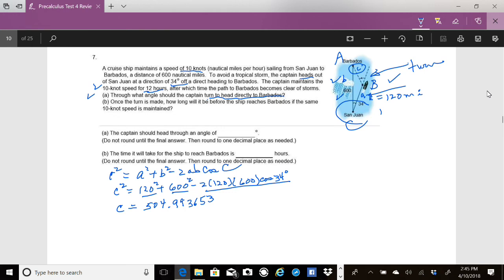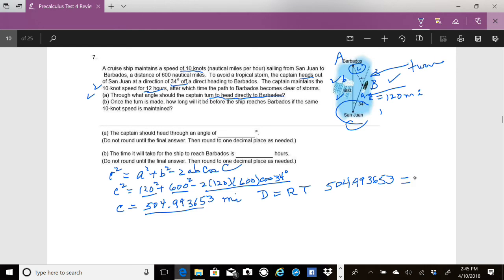And now we can find the time it takes to go this last 504.99 miles, because the distance is equal to the rate times the time. The distance is equal to 504.993653. You don't have to carry it to that many places.